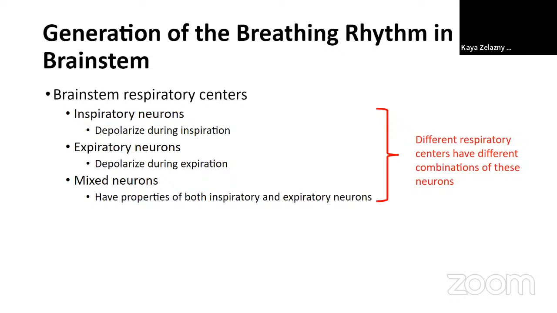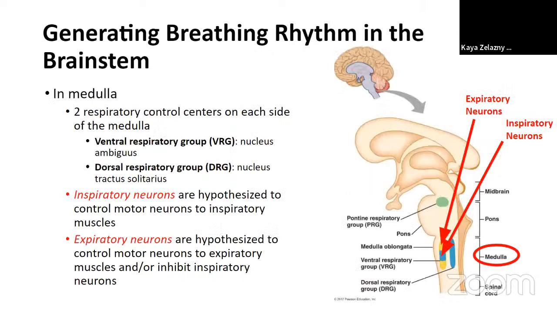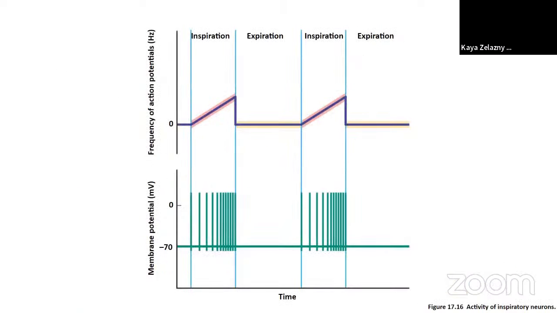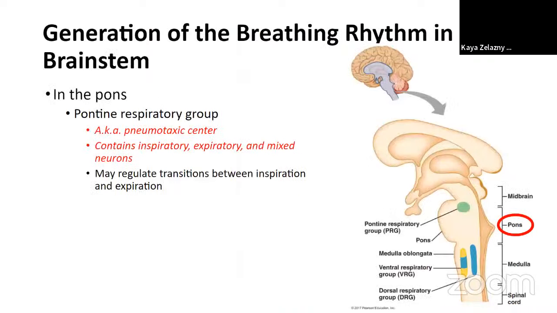We looked at a couple of respiratory centers in the brainstem, and we talked about some different groups here, inspiratory neurons versus expiratory neurons and some of their roles. More action potentials related to inspiration and expiration. We talked a little bit more specifically about the pons.